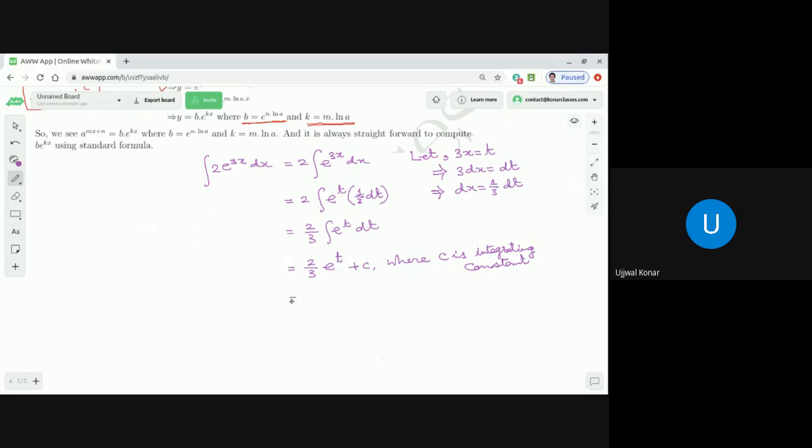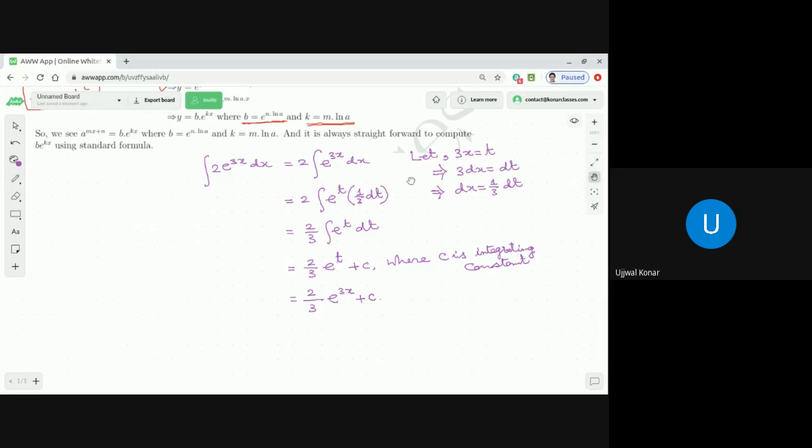Now we should replace back the value of t. t was our assumption. So that will be 2 by 3 e to the power 3x plus c.